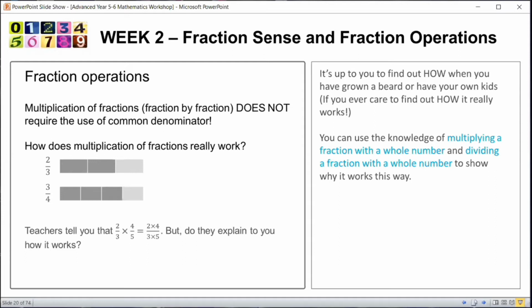Well, the teacher probably won't tell you why, they say, oh, that's what you do. So, all right, 2 over 3, you time with 4 out of 5. Now you just do top times top and bottom times bottom. So 3 times 5. Now that equals 8 out of 15.